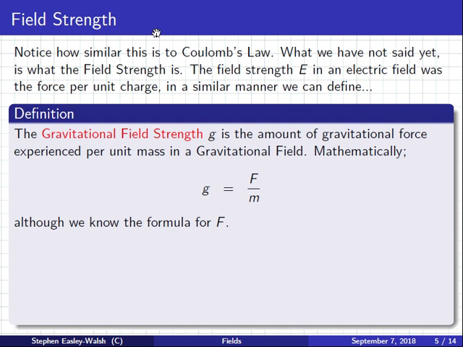That's the gravitational field strength. You could just write in the box: gravitational field strength G equals F over m.